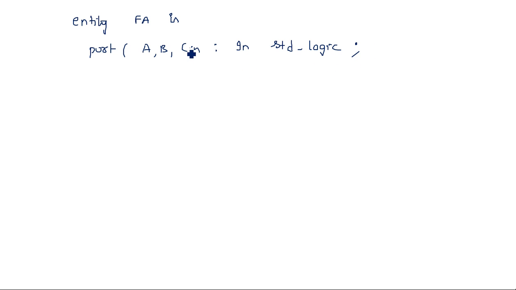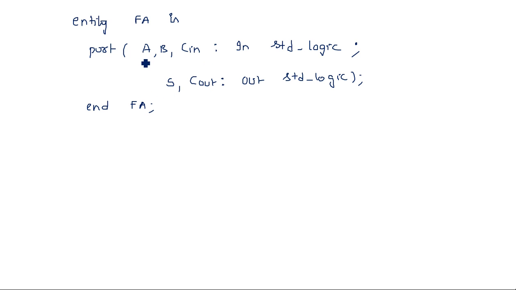Vector is not needed because all these are single bits. A, B, Cin are inputs, and outputs are sum comma carry Cout. Here it is out direction, std_logic. So end full_adder. With this, the entity part is completed.